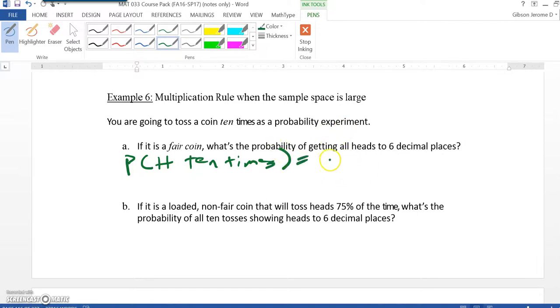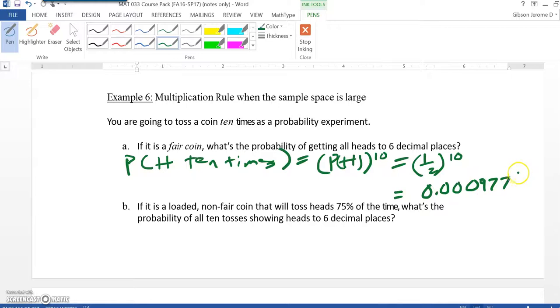So we take the probability of heads to the 10th power. The probability of heads is 1/2. Take that to the 10th power, and that gives us 0.000977. And that is our final answer.